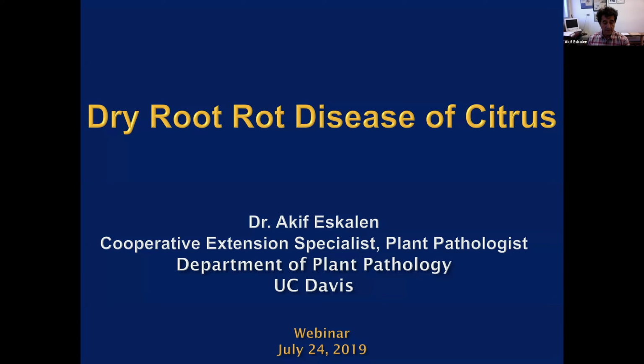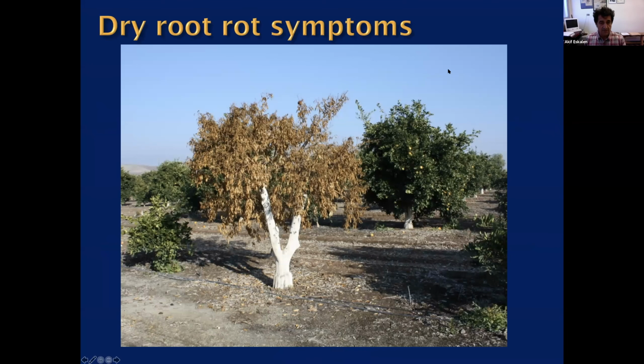Later on, his graduate student, Gary Bender, also worked on this problem for a while. Gary is also emeritus at this moment. So with that, I would like to go ahead and start telling you the story behind dry root rot.